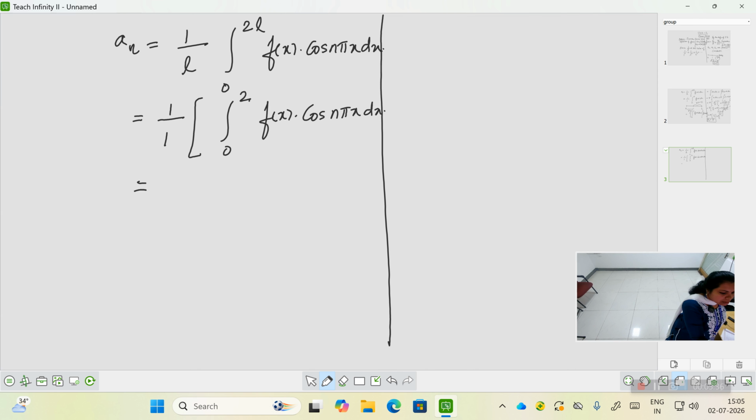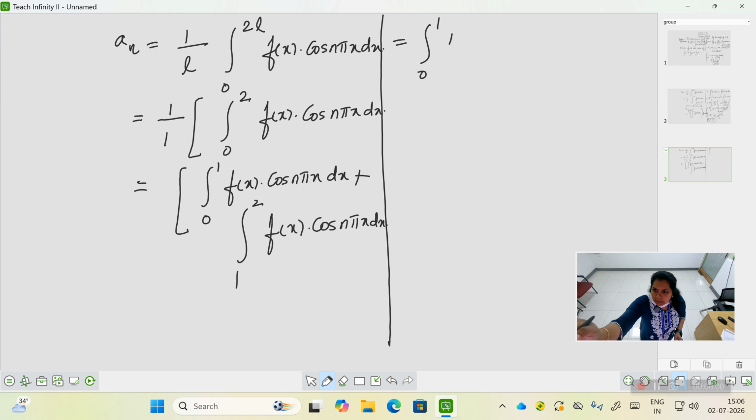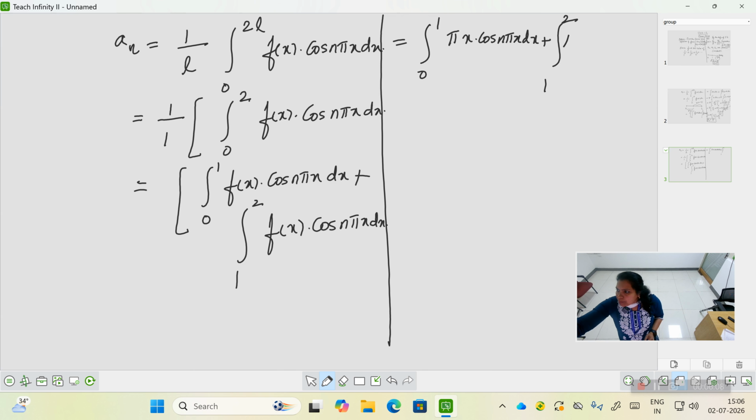Now we split this into two integrals: 0 to 1 f of x cos n pi x dx plus 1 to 2 f of x cos n pi x dx. As per the problem, f of x is pi x in the first, and pi into 2 minus x in the second, each multiplied by cos n pi x dx.